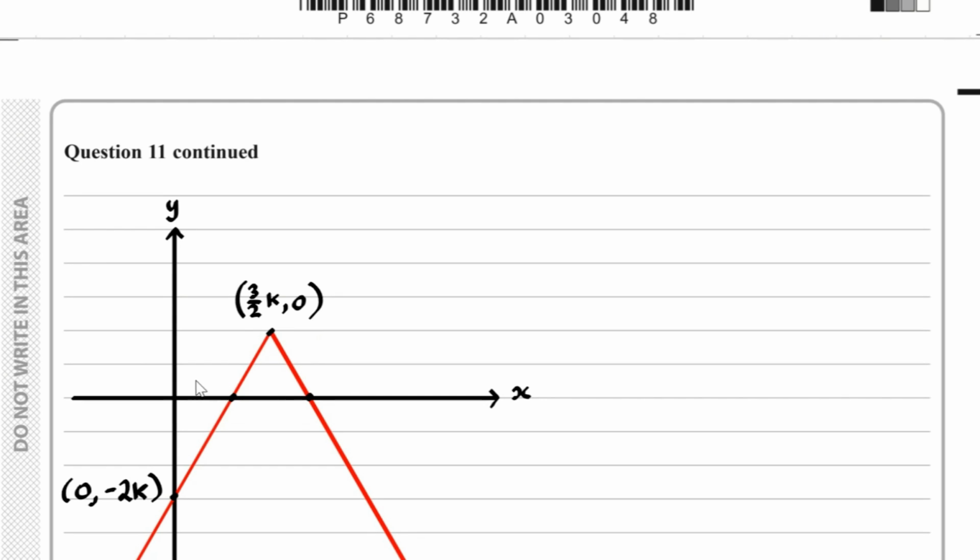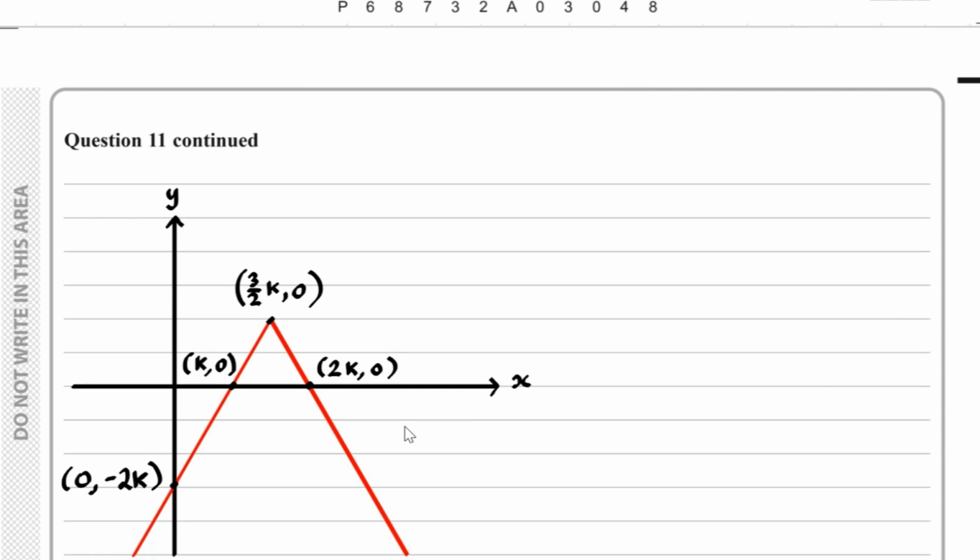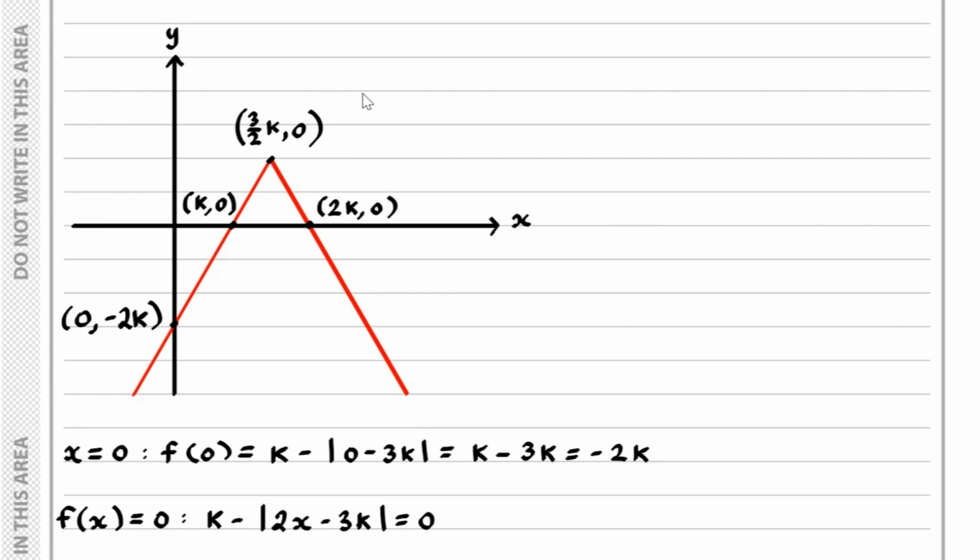We've got the coordinate here of k, 0, and we've got a coordinate here of 2k, 0. Hence the graph of y equals k minus the mod of 2x minus 3k is what we see here.